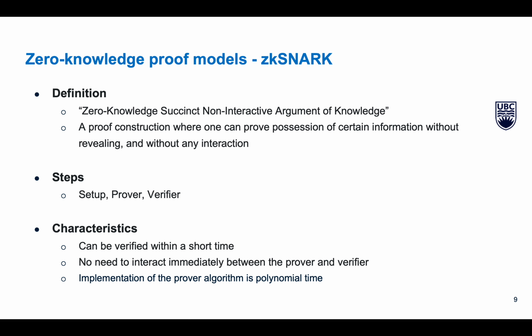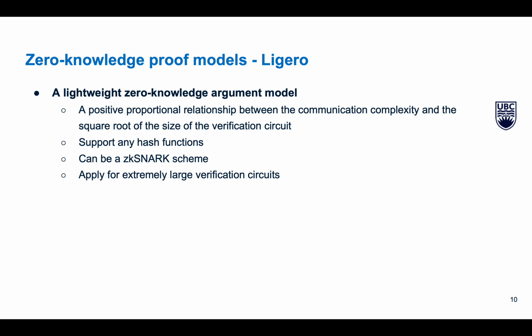Secondly, the prover and verifier are not required to communicate with each other synchronously. In other words, there is no requirement for immediate interaction between the two parties. And lastly, the prover algorithm can be implemented in polynomial time.